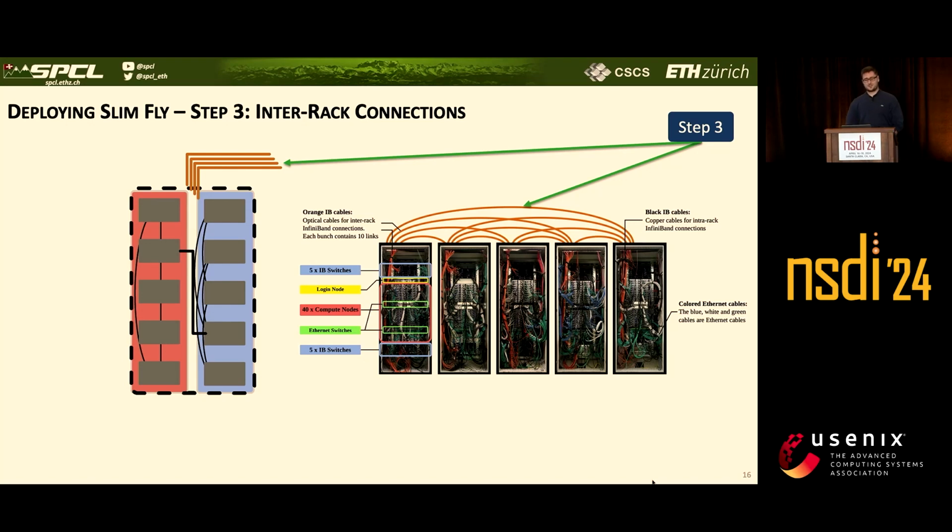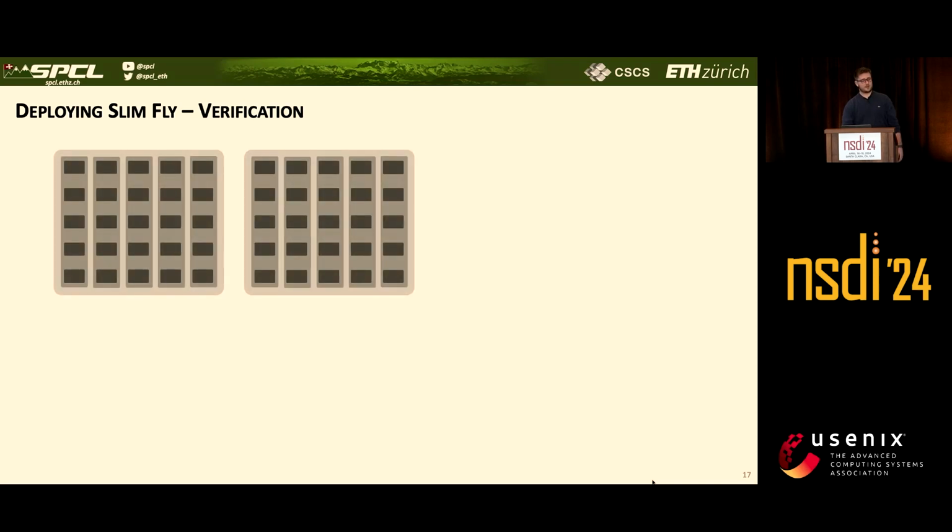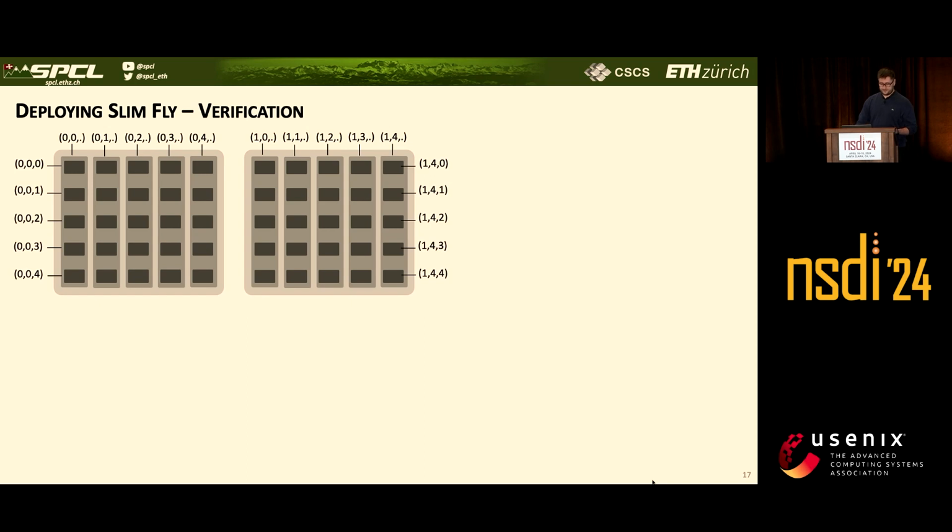Now, this all still sounds very complicated, right? I didn't really tell you which ports I need to connect. Is it as straightforward as connecting a factory? But there's a very effective way of how you can verify this while actually wiring up the cluster. And this is thanks to the algebraic structure of SlimFly itself. So what you do is you assign IDs to all your switches in the cluster, which follow this grid pattern that we have.